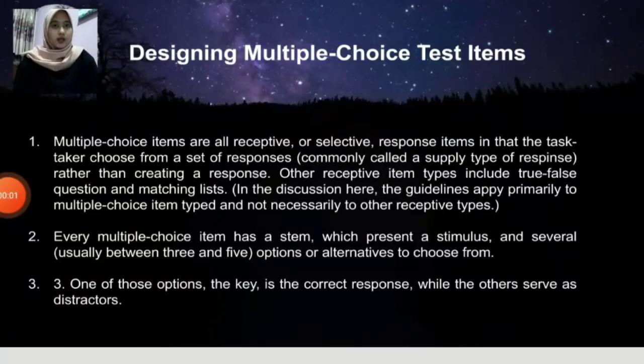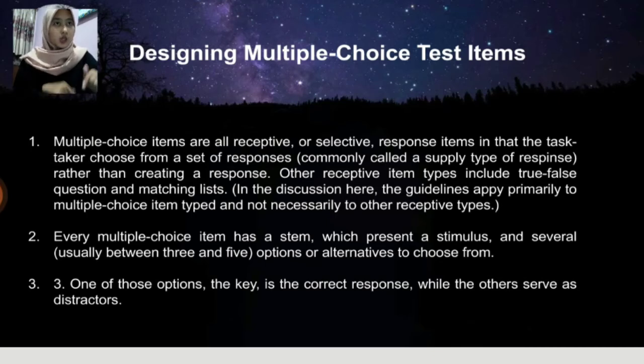Okay, next, designing multiple-choice test items. 1. Multiple-choice items are all receptive, or selective, response items in that the test taker chooses from a set of responses, commonly called a supply type of response, rather than creating a response. Other receptive item types include true-false questions and matching lists.